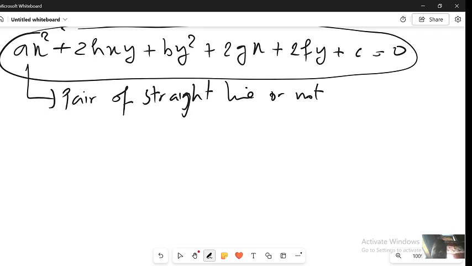Let's bring this equation to the form of a quadratic in x, with y equals something, as we saw in the previous one.